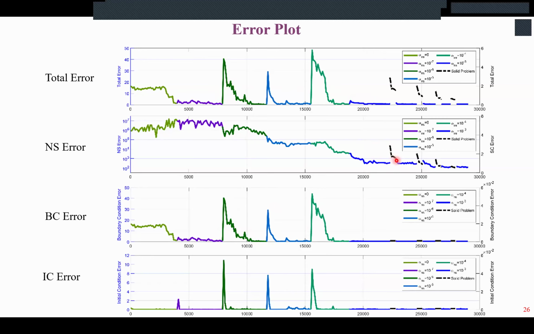The dashed black lines indicate the errors for the fluid part, which in this plot is the stress continuity residual errors, while the lower part is the boundary condition errors and the initial condition errors. Every time the alternation happens, there will be a small jump, but finally it will converge and nothing can be further optimized. That means we reach convergence.